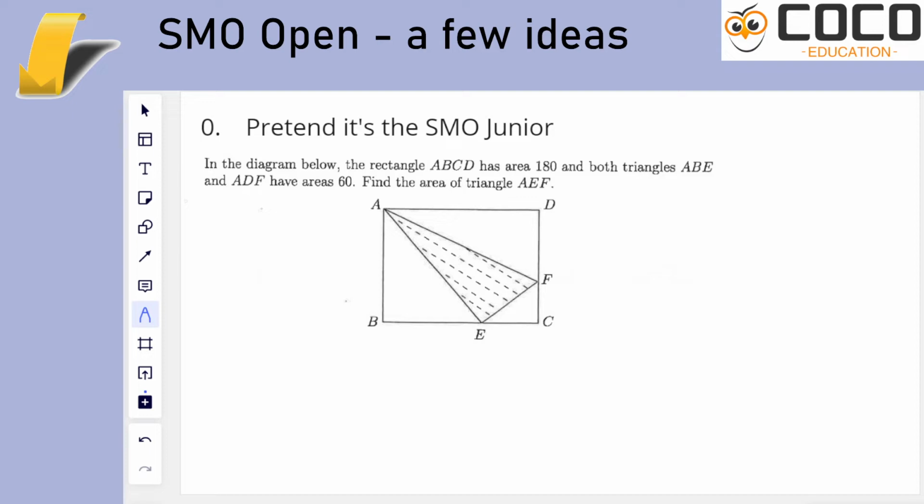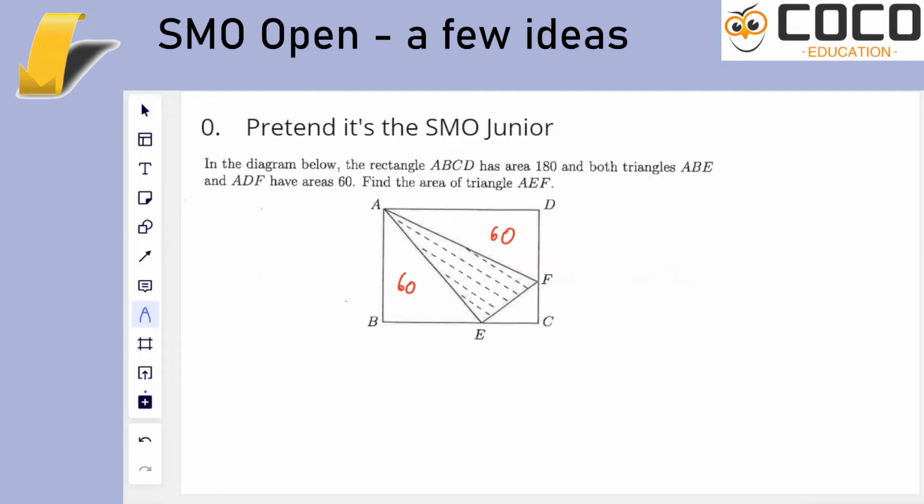Chances are there will be about 6 or 7 questions that you can solve just by using no harder than the SMO junior method. Let's say we look at this problem here. The rectangle has area 180 and there are 2 triangles with area 60.